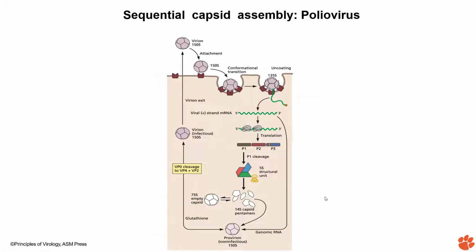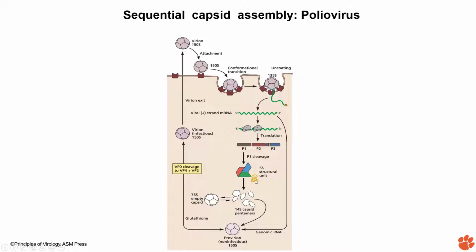So here we are looking at a particular way that the poliovirus can be formed. We are looking at these proteins, the 5S structural unit. We just saw how it is formed, and from the 5S structural unit you form the 14S pentamers. When the 14S pentamers interact with the genomic RNA, they will produce this provirion. This is still non-infectious. Inside the already assembled virion, this will lead to the VP0 cleavage into VP2 and VP4.